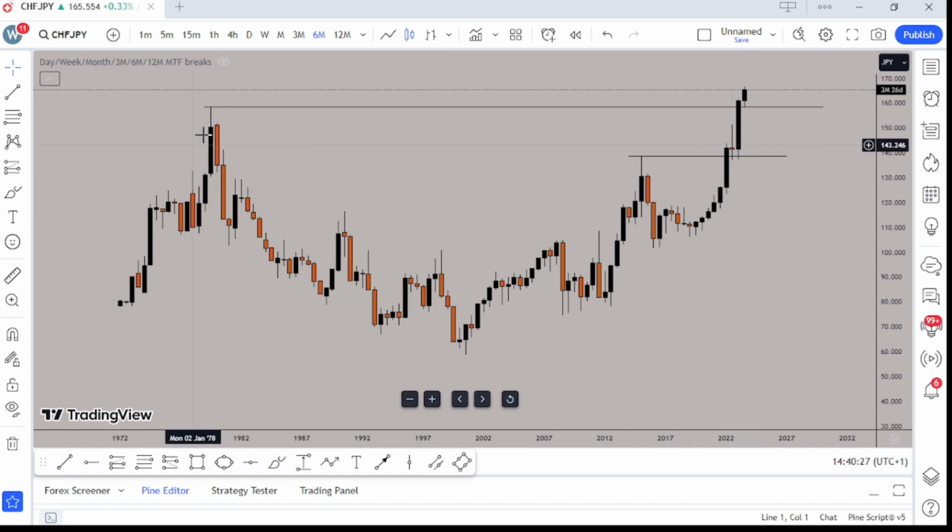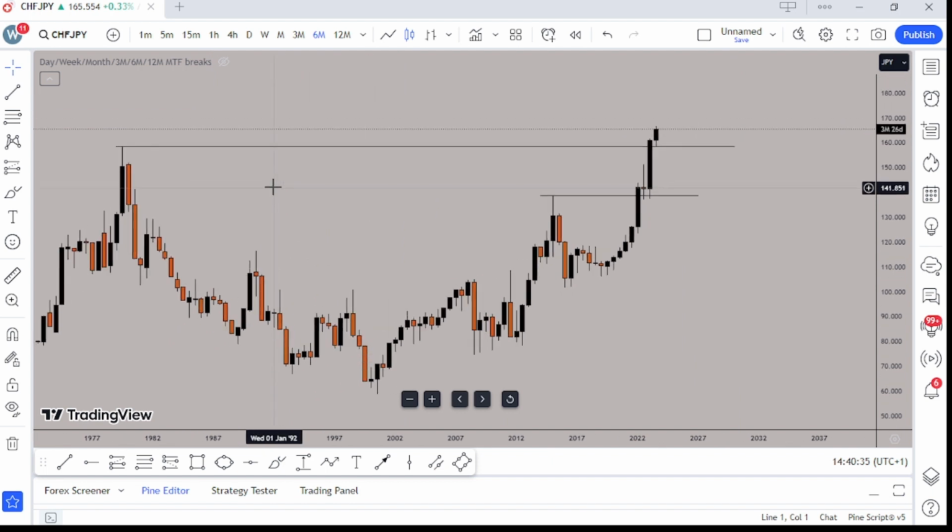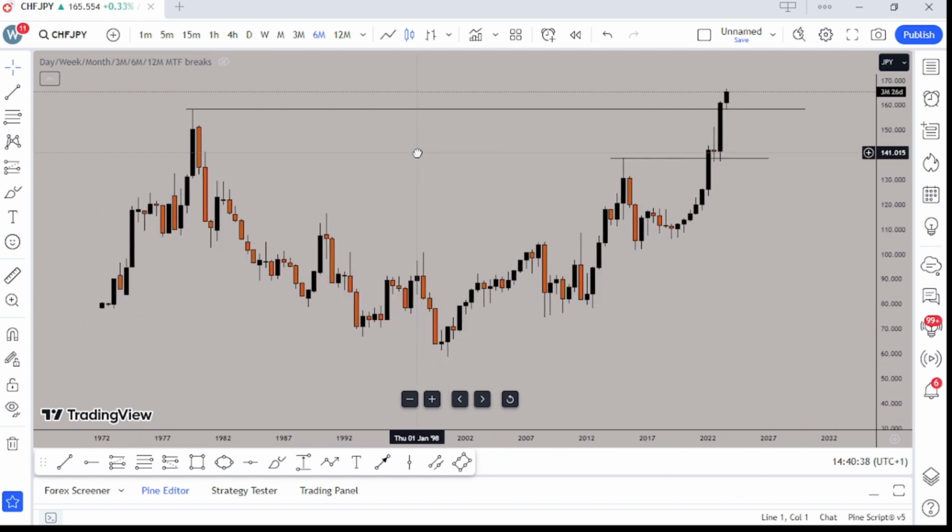So now we take this current one, this high, this candle pivot above this high. But are we still going up? Yes, we are still making highs. We've broken this top. So we are still making highs.